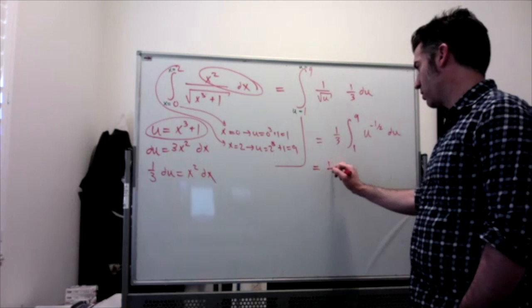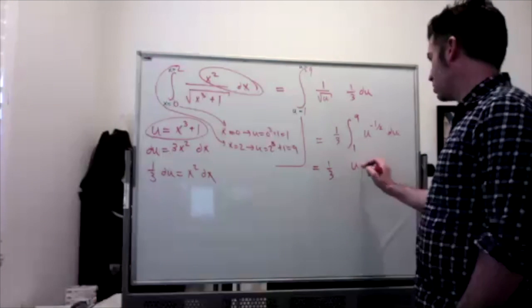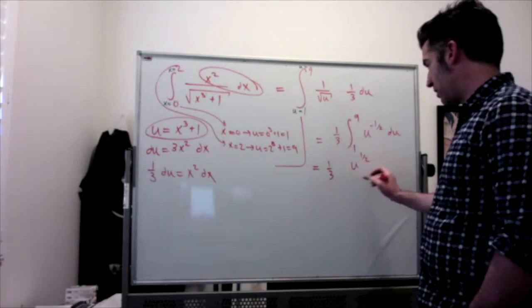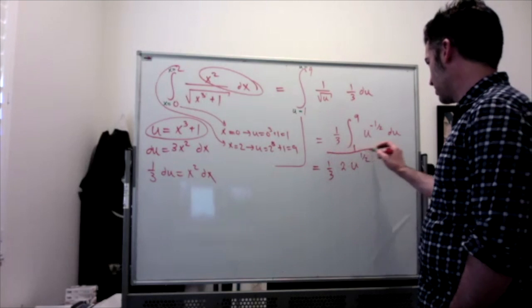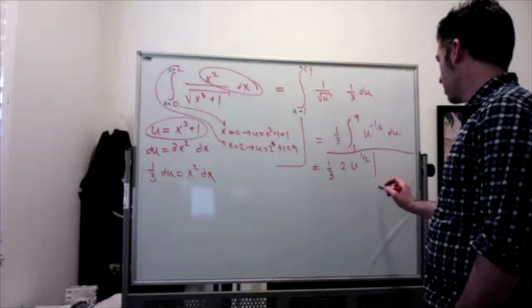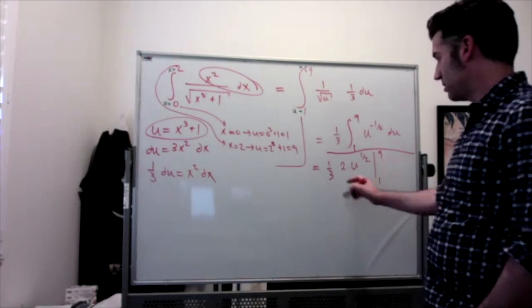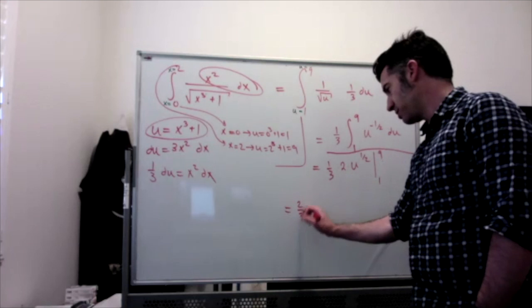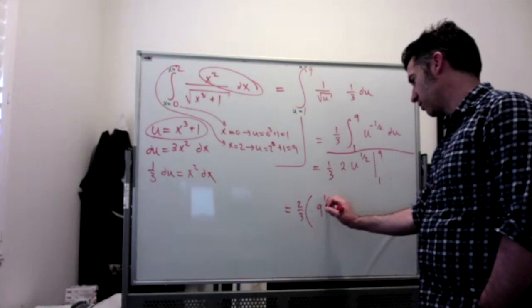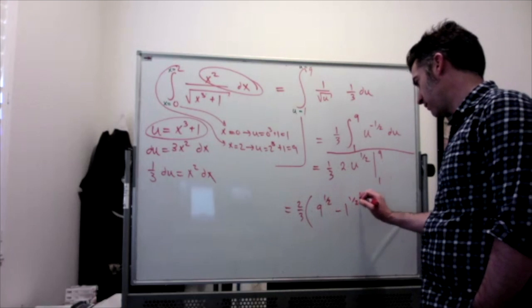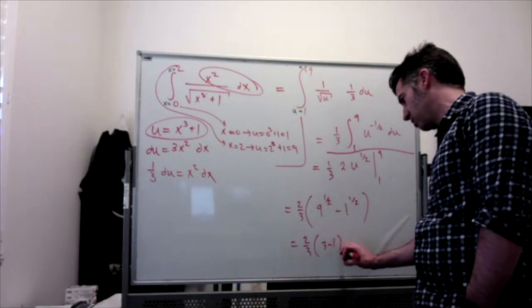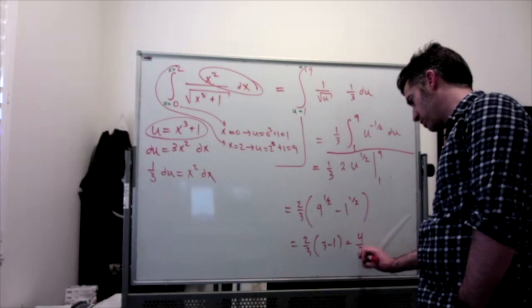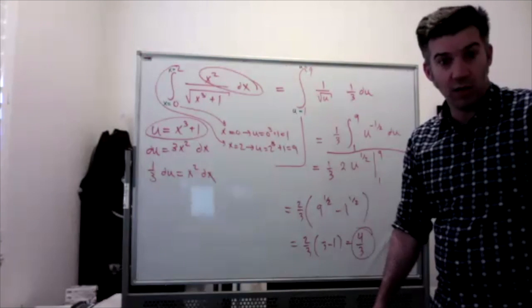We're going to get 1/3 u to the 1/2 divided by 1/2, which is multiplying by 2, from 1 to 9. So that's going to be 2/3 times 9 to the 1/2 minus 1 to the 1/2. That's going to be 2/3 times 3 minus 1, which is going to be 4/3. There you go.